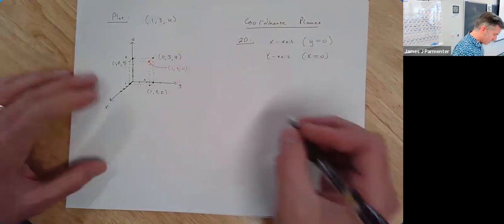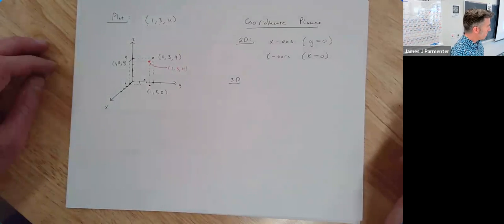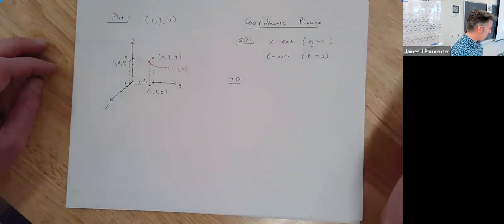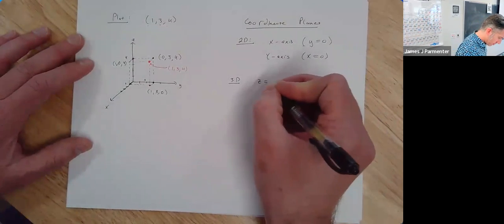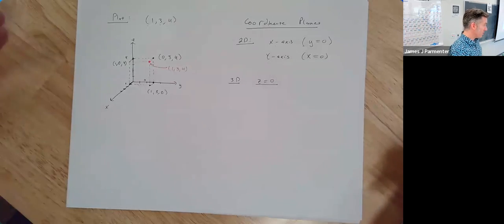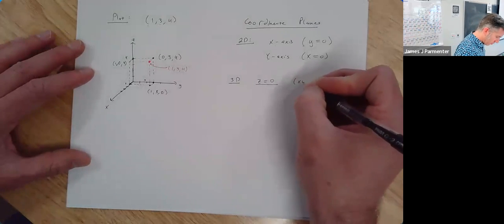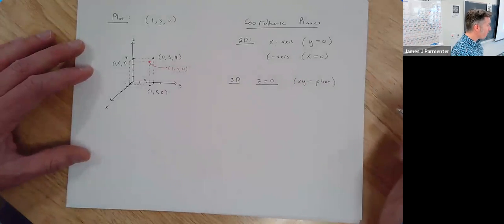Well, in 3 dimensions, you get similar kinds of things, except now, if you're going to set, say, z equal to 0, well, that means you're going to get x and y being anything you want. You're going to get the xy plane, which is what I like to call the floor.